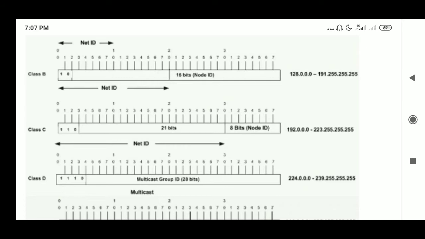So the most significant 2 bits of the first octet have been set to 1 0, and the other bits are 0 in the first octet, then it will give you the number 128 in decimal.